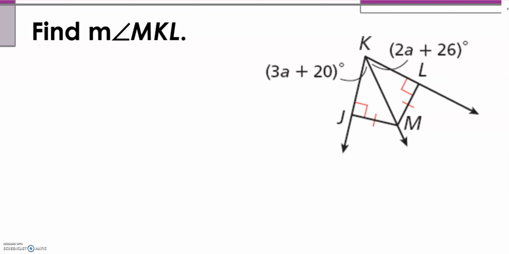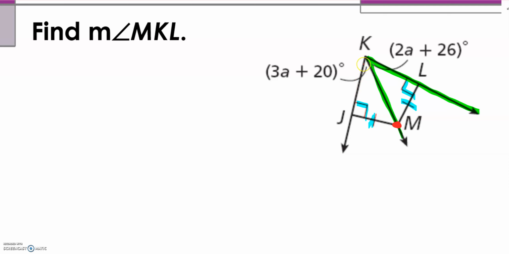Find the measure of angle MKL. So in order to find the measure of MKL, I realize that point M is the same perpendicular distance away from two sides of an angle, which means point M was on an angle bisector.